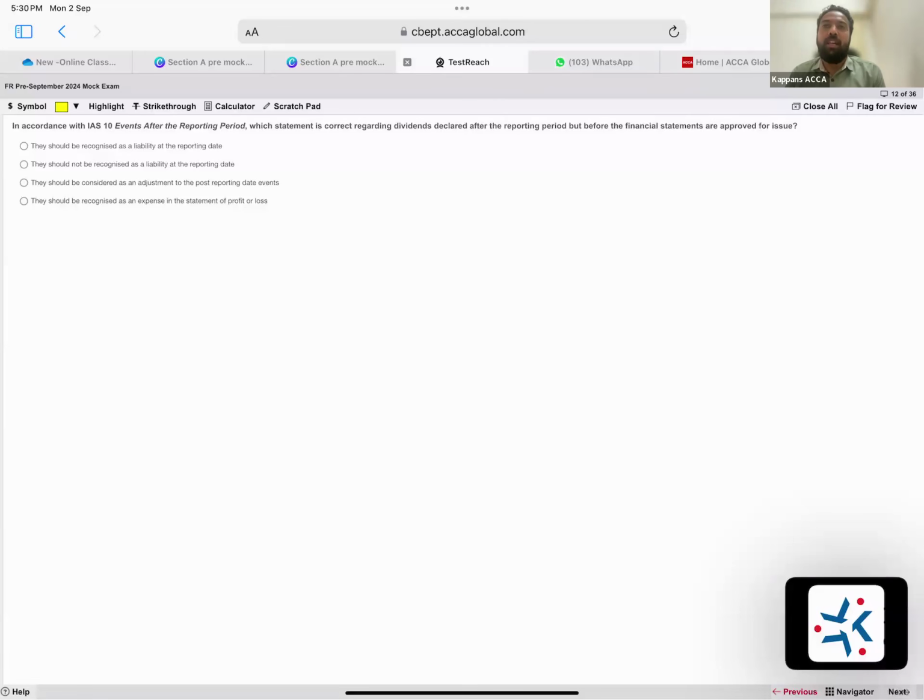12th question, in accordance with IAS 10 events after reporting period, which statement is correct regarding dividends declared after reporting period, but before financial statements are approved for issue? So what is the treatment of dividend declared?